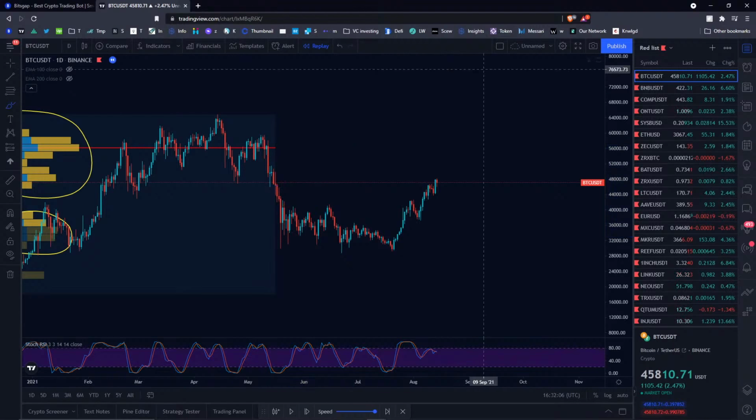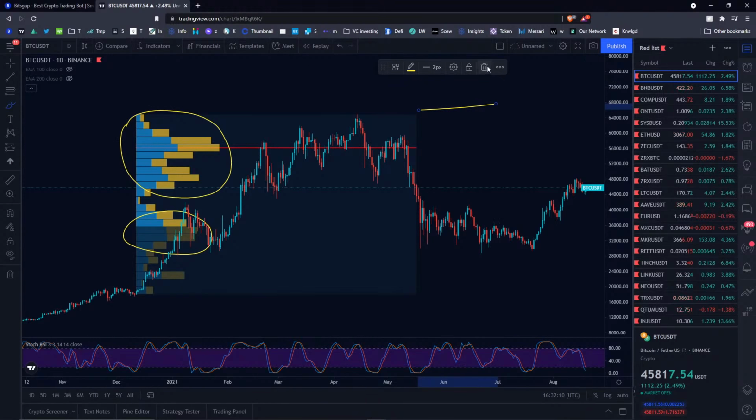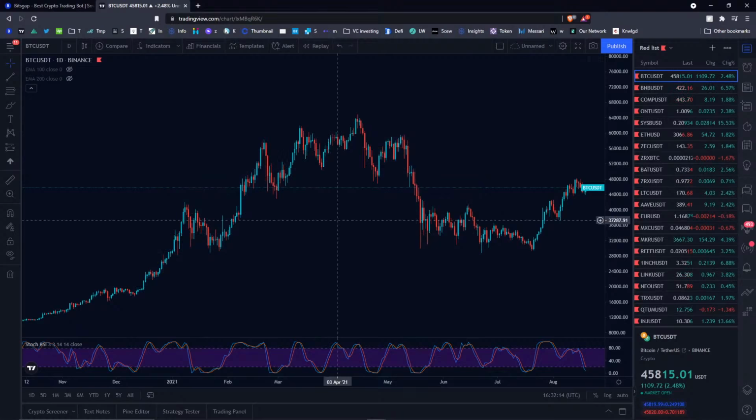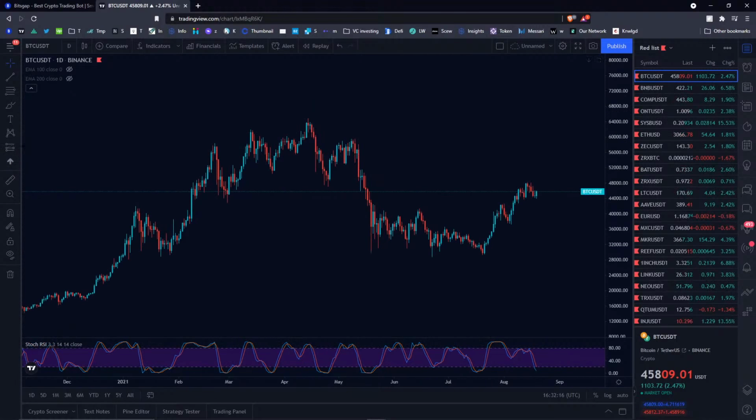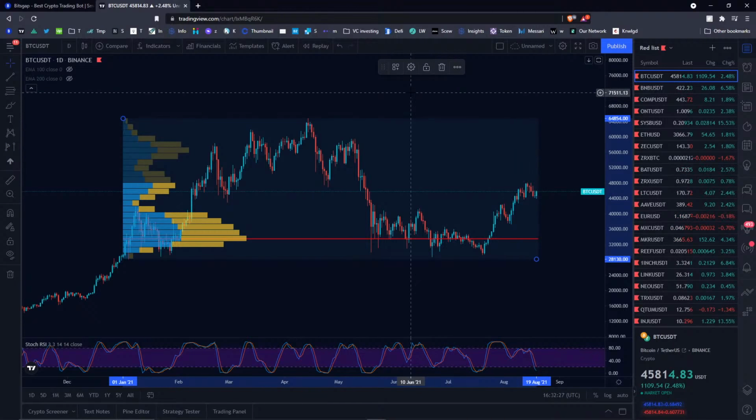Let's see right now what's the current scenario. We need to extend the volume profile in this case. Let's remove drawings and use it now. It's here. So I'm gonna start with the beginning of this year, January, and let's check it until today.